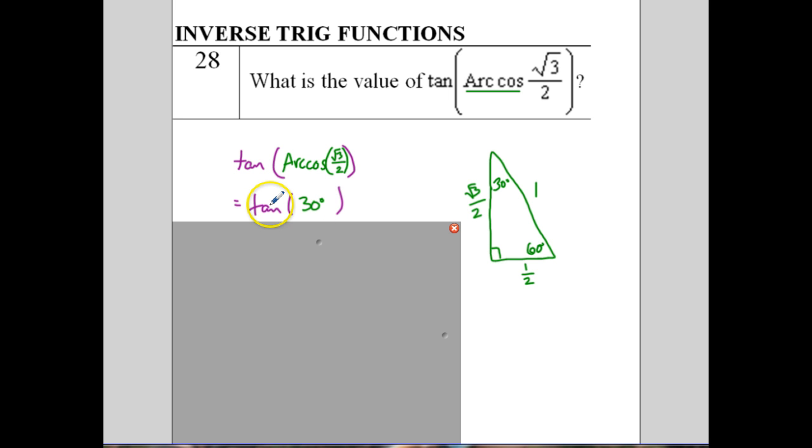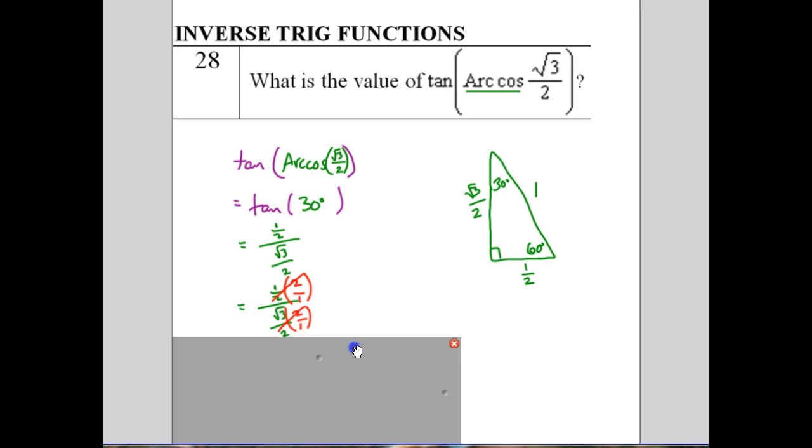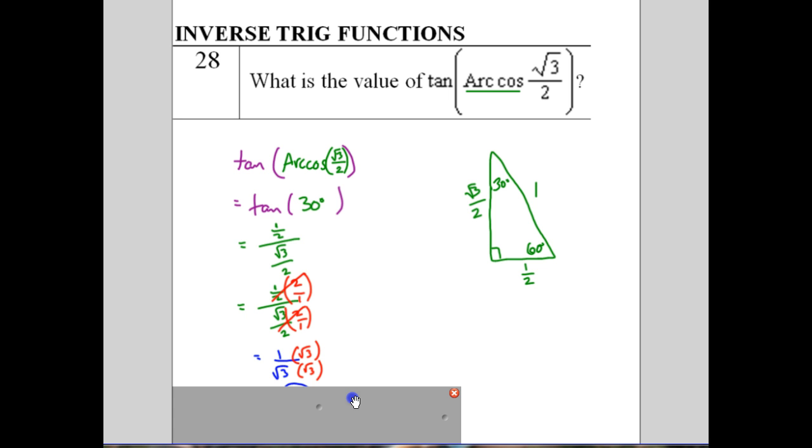Now it's as simple as, well, what's the tangent of 30 degrees? But we have to give the exact value. So we go to our triangle, tangent from your SOHCAHTOA, opposite over adjacent. So it's half over root 3 over 2. We've got a complex fraction. Multiply top and bottom by 2. That gives us 1 over root 3.